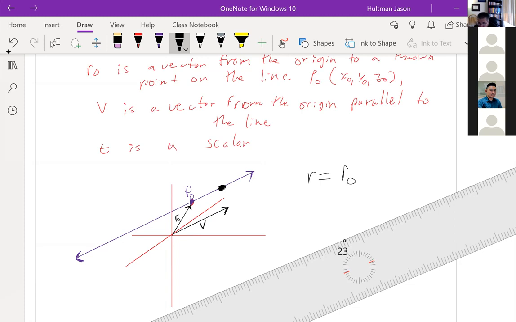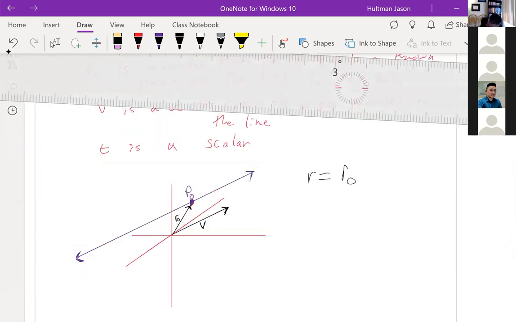Here one point is a vector going from the origin to a point, and then we want the vector parallel. Now, how is this working to give me this R, which is plus VT?